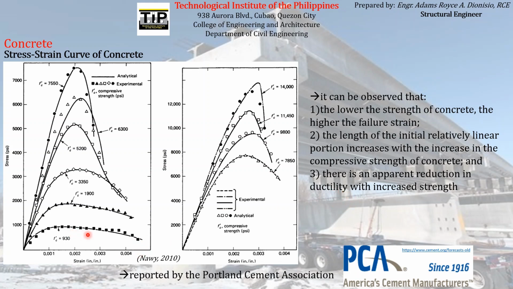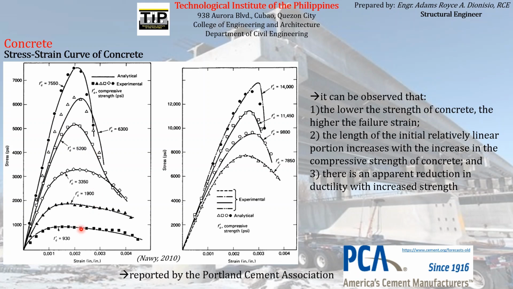So we can see here that, say for example, the yield point of this stress strain curve is here, and therefore the ductility of this 930 psi concrete is from here to here, and then for this 1.9, the ductility is from here to here, ductility for 350 here to here, and so on. So what can we observe there?